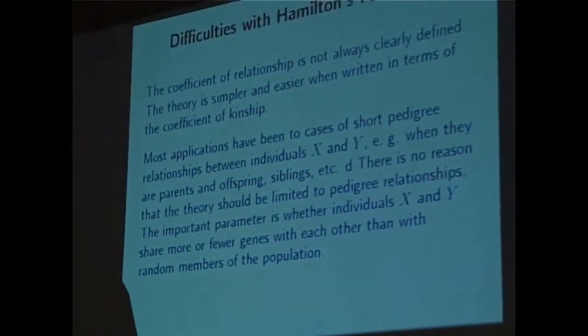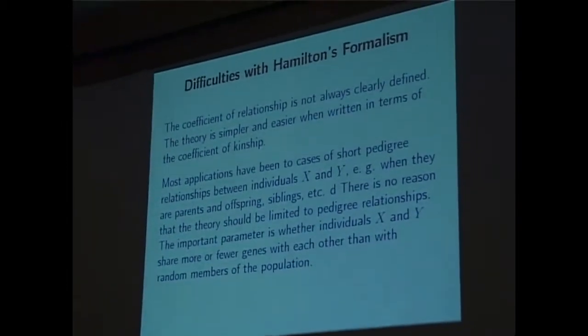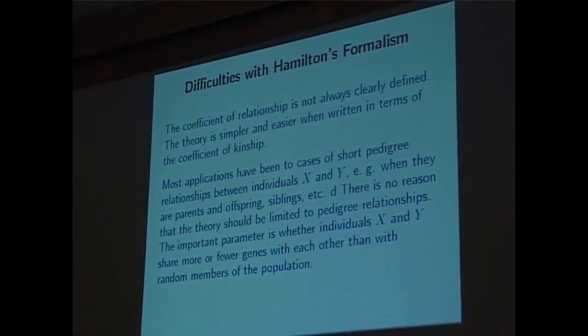There's difficulty with Hamilton's original formalism. He wrote in terms of the coefficient of relationship. This is a concept developed by the geneticist Sewall Wright that was supposed originally to be a correlation coefficient. It's not very clearly defined. The theory is simpler and easier when written in terms of what's called kinship coefficients.